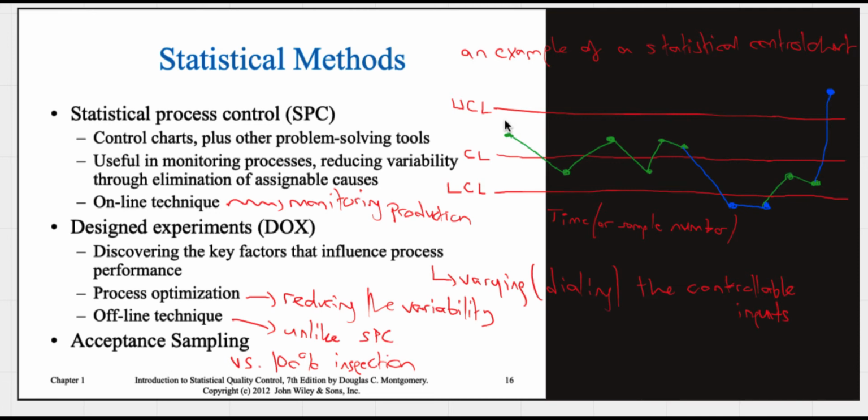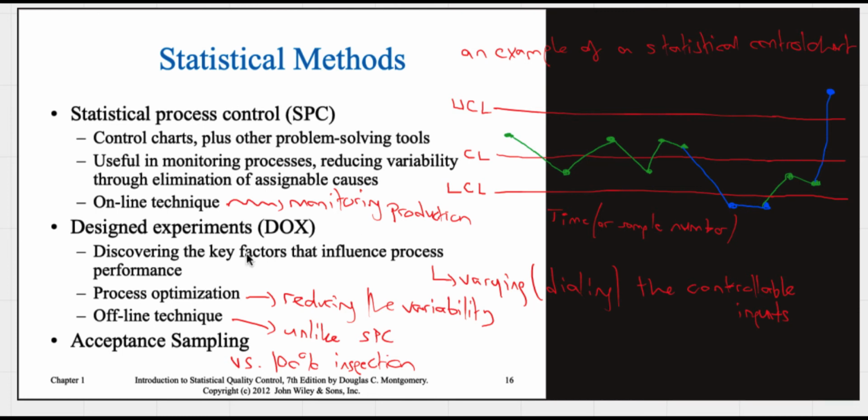We need to eliminate this variability so we can reduce the variability and improve the quality. Do not worry about the upper control limit and lower control limit. We are going to compute these control limits by some statistical methods in the next chapters. So this is the primary tool for statistical process control.